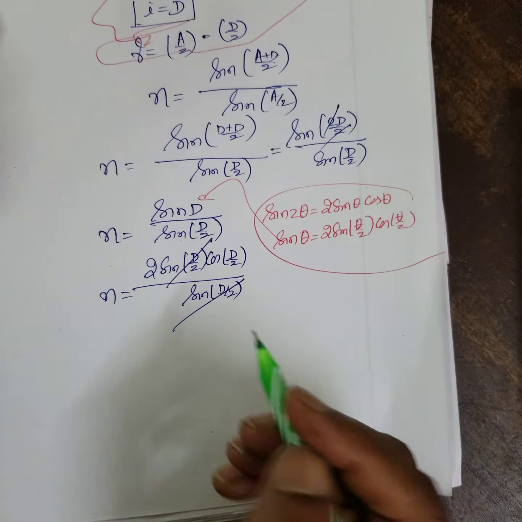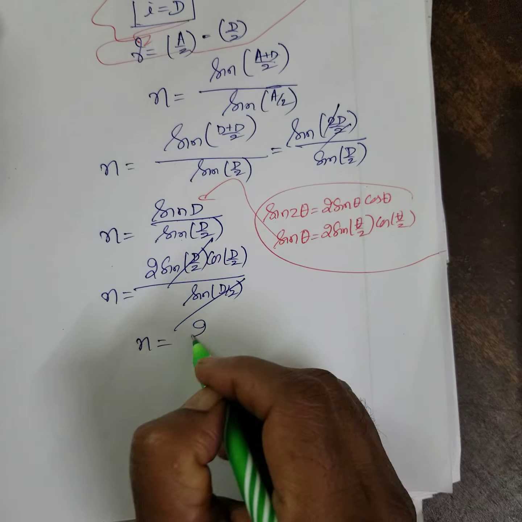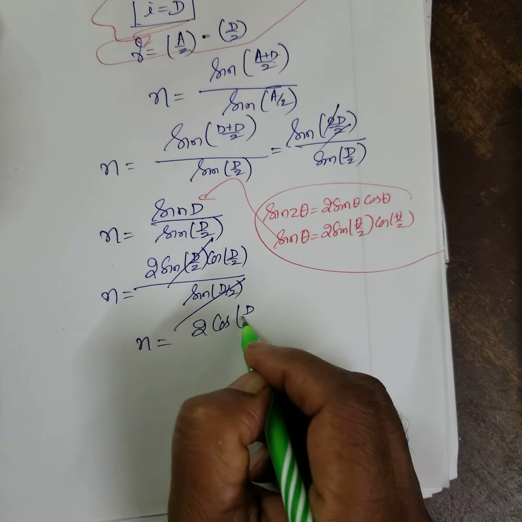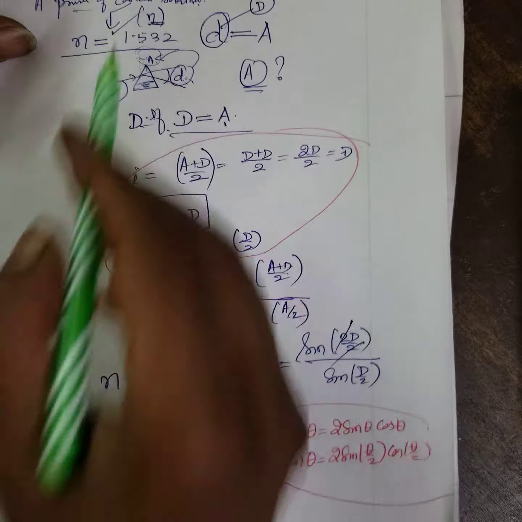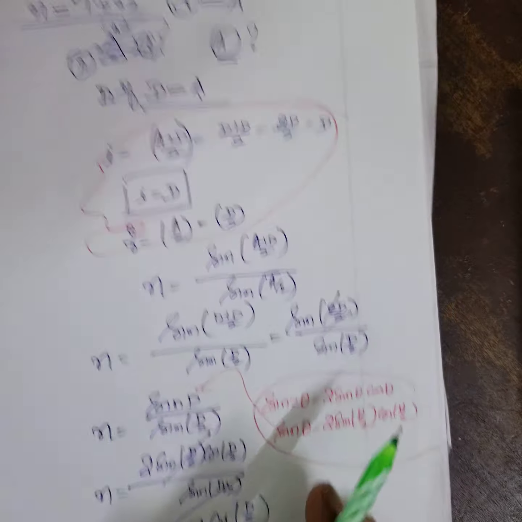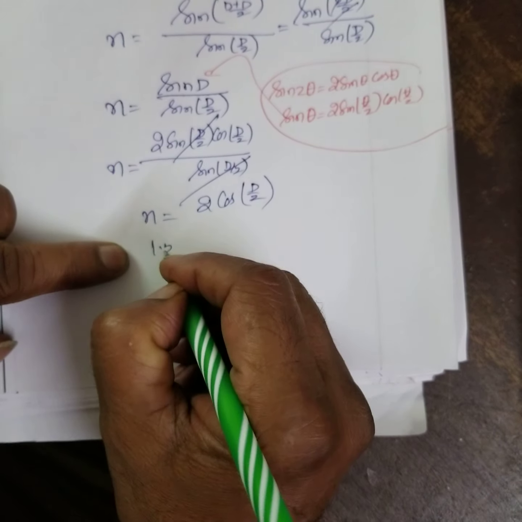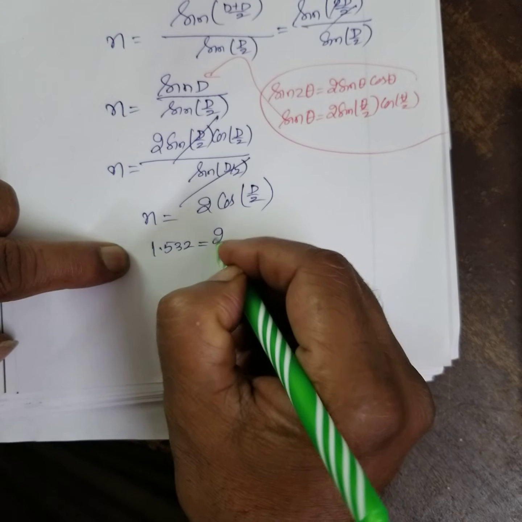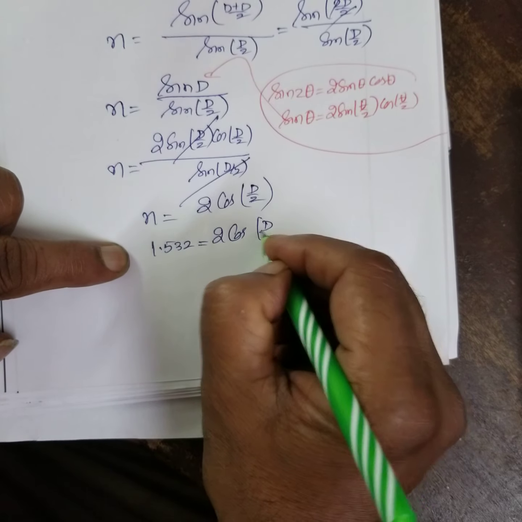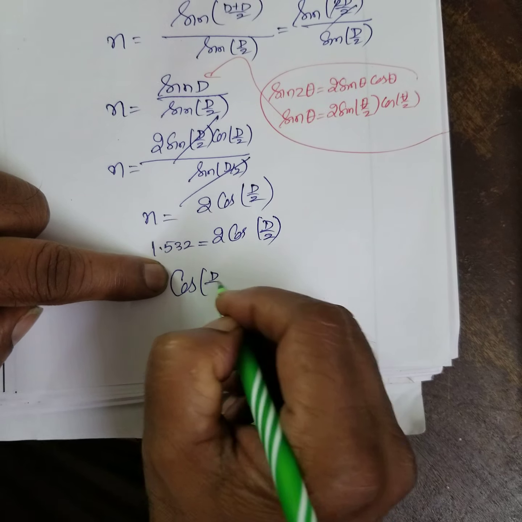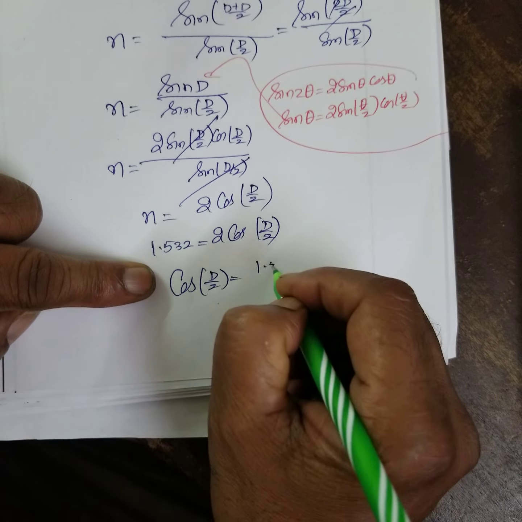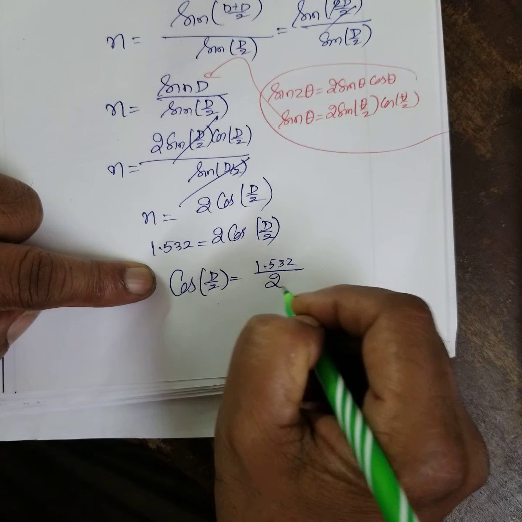The sin D by 2 cancels, so N is equal to 2 cos D by 2. Understood? The refractive index given is 1.532, so 1.532 is equal to 2 cos D by 2, or cos D by 2 is equal to 1.532 by 2.